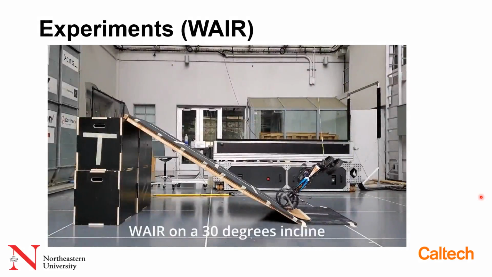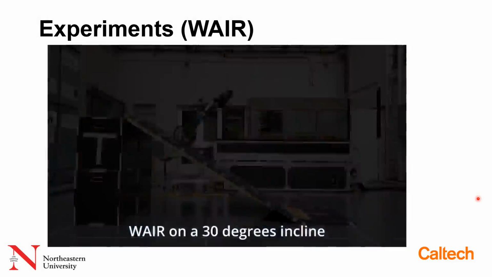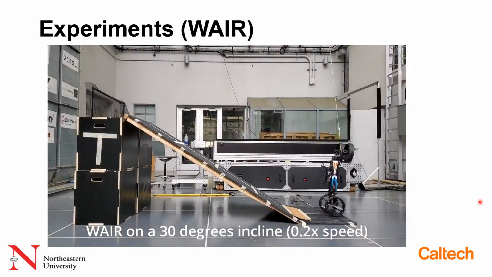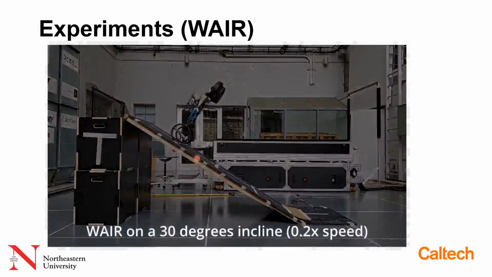So these are some examples of the experimental work we've done on this climbing problem. We have the robot in segway mode driving up this steep surface of 30 degrees. The wheels are spinning to maintain traction on the ground, and we have the thruster on to help maintain the correct angle as we climb this surface.